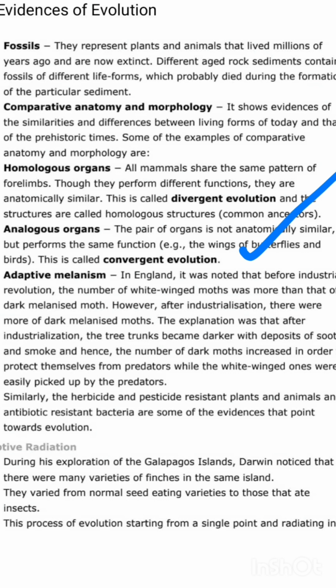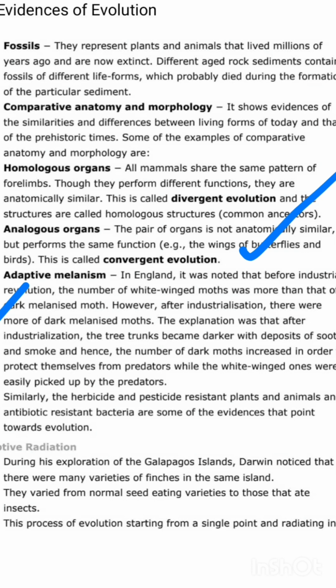Then what is adaptive melanism? In England, it was noted that before the industrial revolution, the number of white winged moths was more than that of dark melanized moths. However, after industrialization, more dark melanized moths appeared.